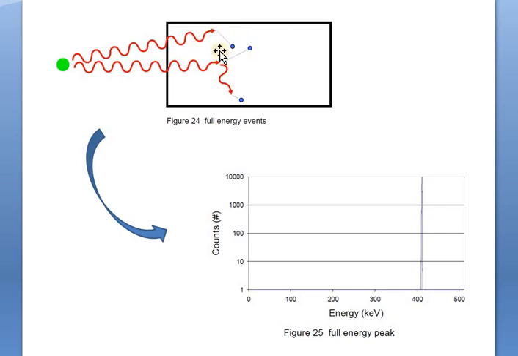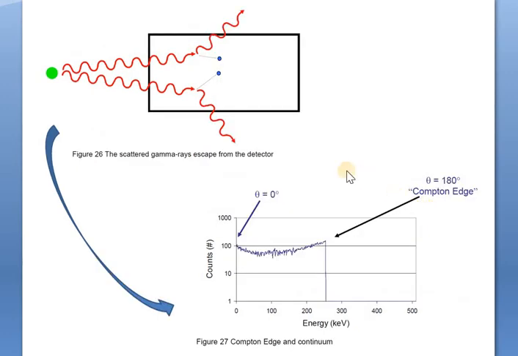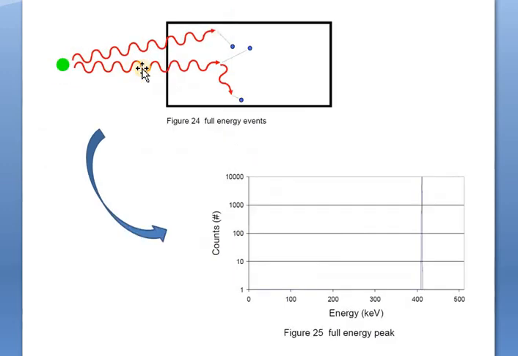The entire energy is absorbed and the electrons are also absorbed in the detector, and we get a single peak, the full energy peak. Now in the case of the full energy peak, there was a complete energy deposition.